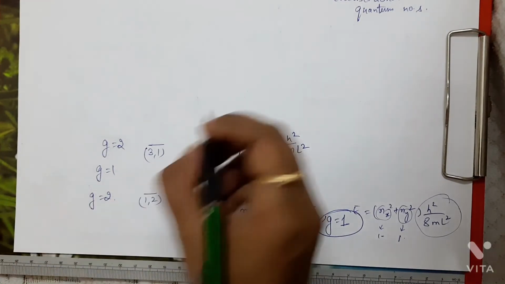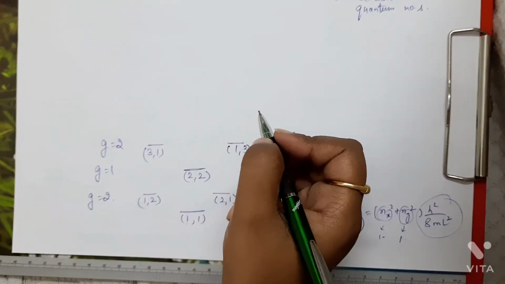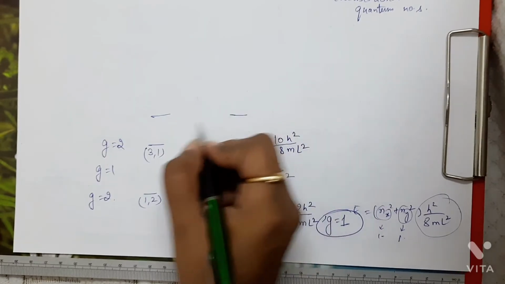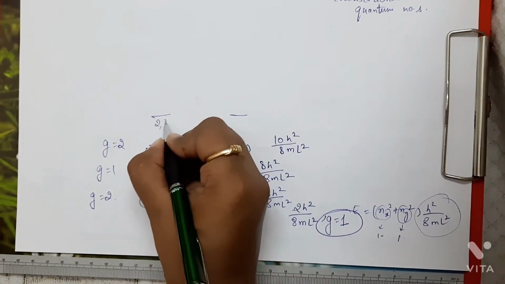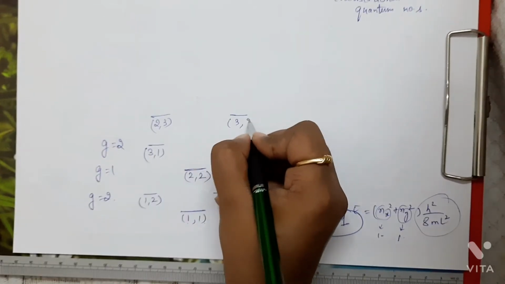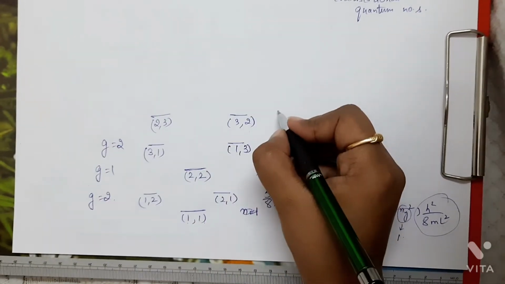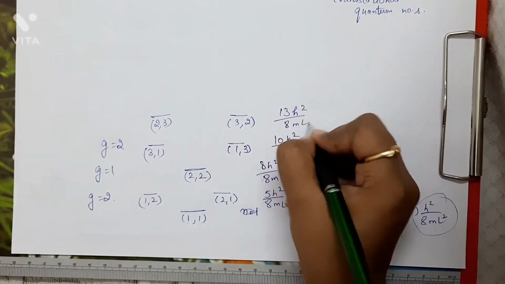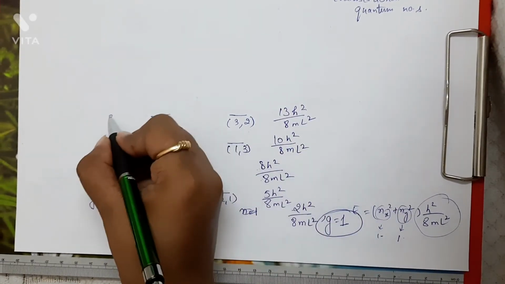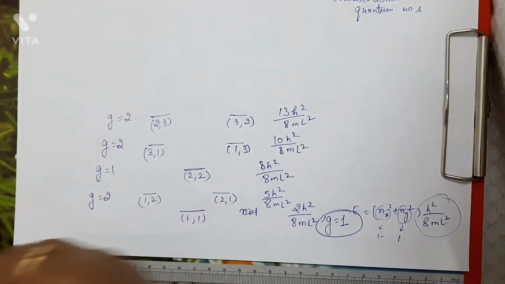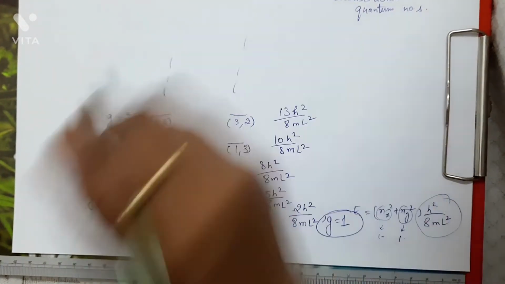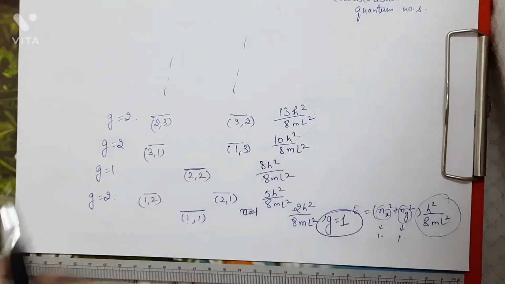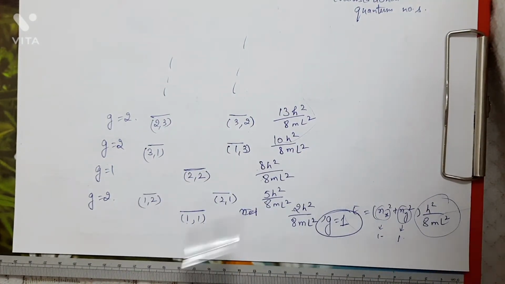After this, if we plot nx and ny equal to 2 comma 3 and 3 comma 2, the corresponding energy will be 13h square by 8 m l square, and here degeneracy is also 2. Similarly, for higher energy levels, you can find the energy and the degeneracy using this formula.